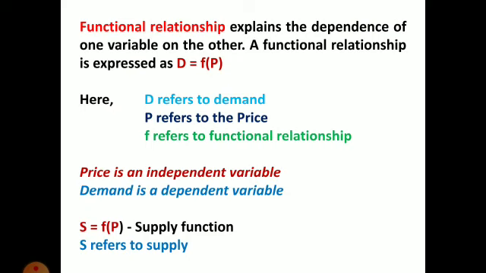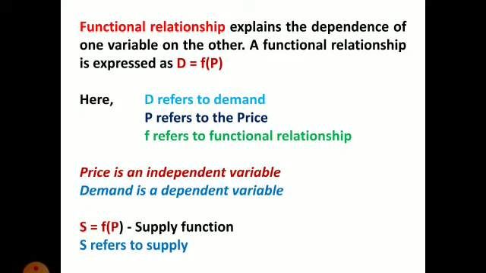The behavior of one variable to the changes in the value of other variables is called a functional relationship. Now let's see one kind of a functional relationship. Normally, a functional relationship is expressed in one of these ways.